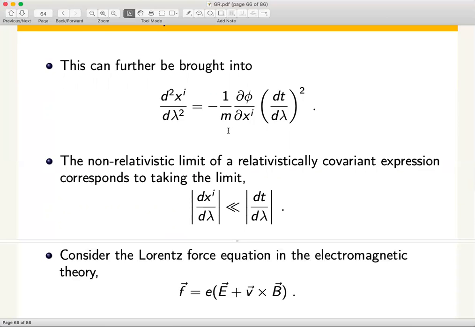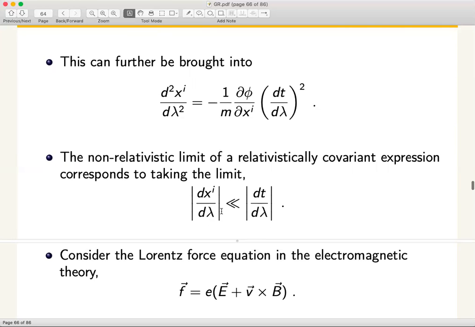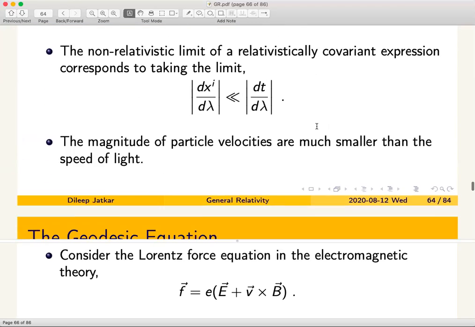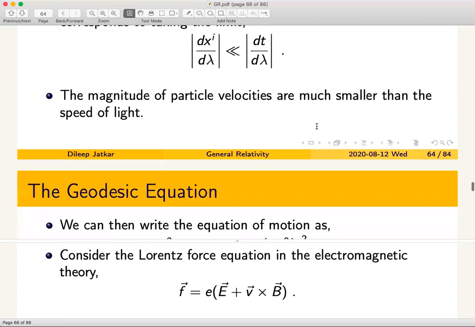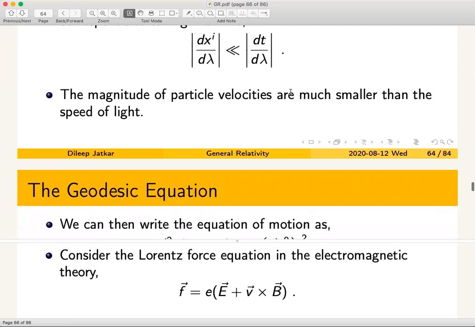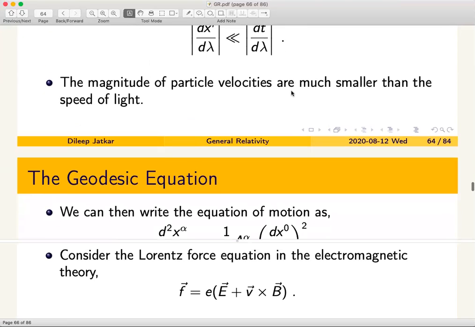The assumption is that the spatial components of the velocity 4-vector in a relativistic formulation are much smaller compared to the dt by d lambda piece. That is the reason why only dt by d lambda appears here and dx by d lambda doesn't. So that is the method of taking the non-relativistic limit of a relativistic equation.